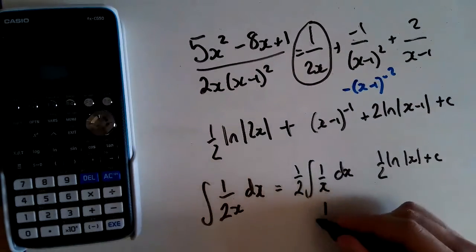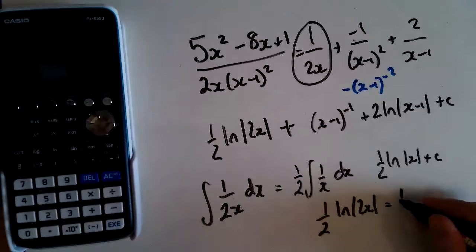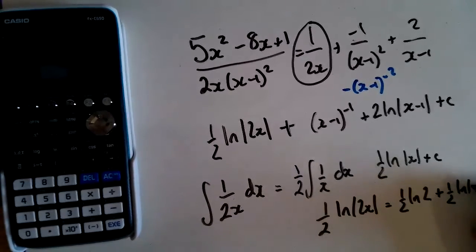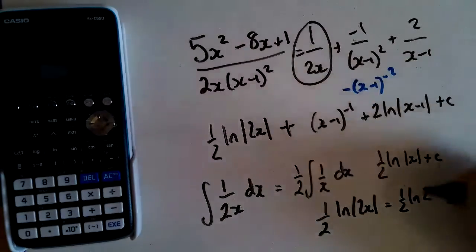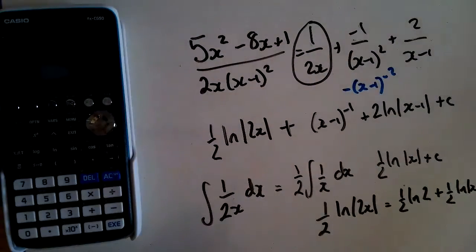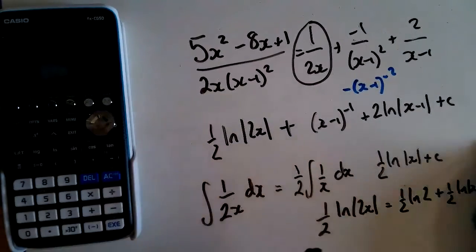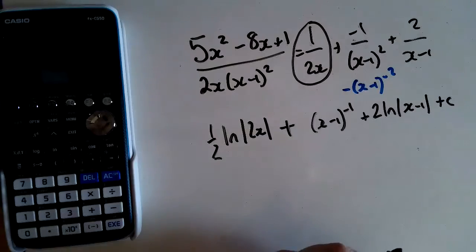This term here, a half ln 2x, there's a times there, so I can write that as a half ln 2 plus a half ln x. And this here is just a constant, so that can be combined with the c. But anyway, that's just there in case any of you wrote that as your answer instead of the 2x there. Obviously the constants will be different, but it doesn't really matter.